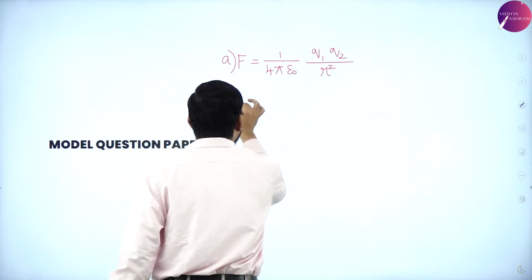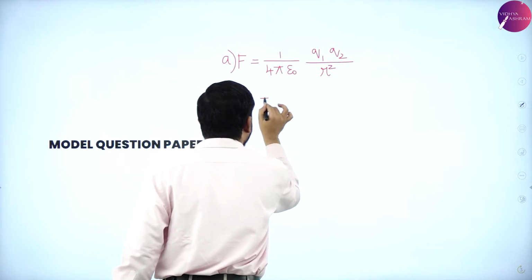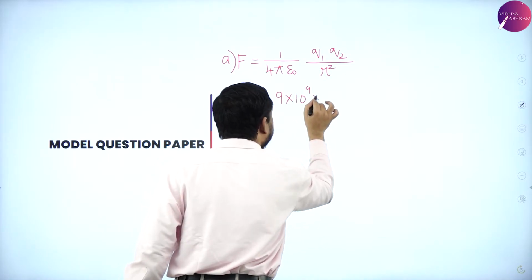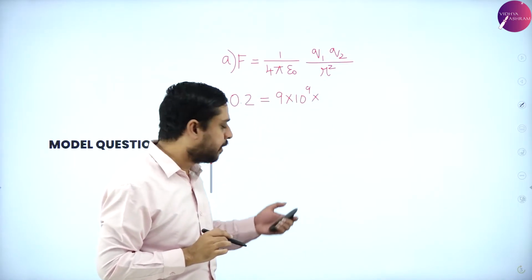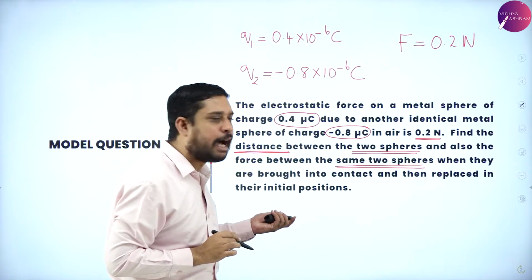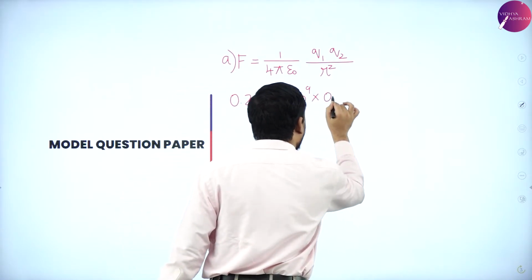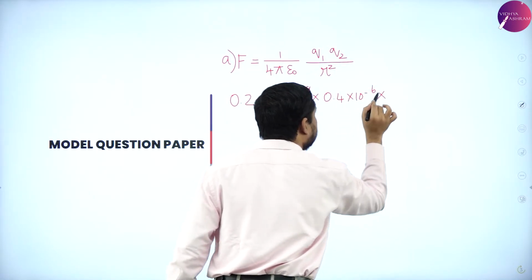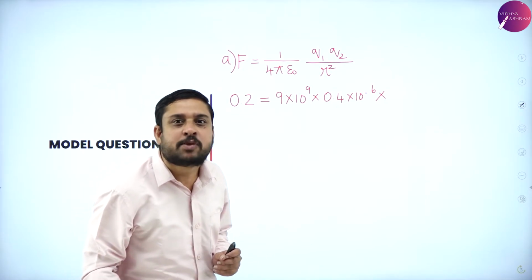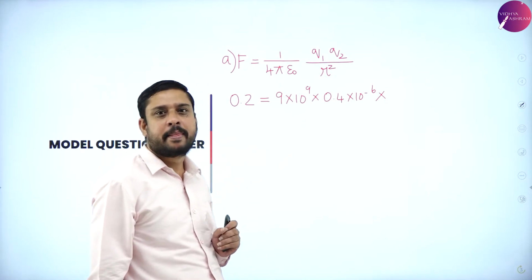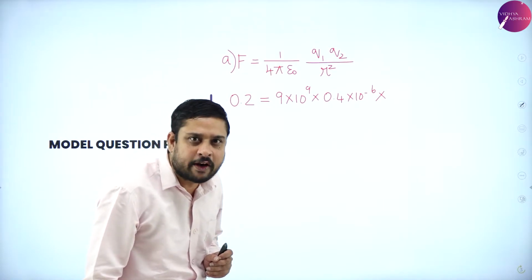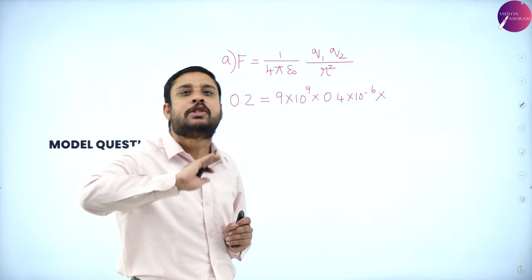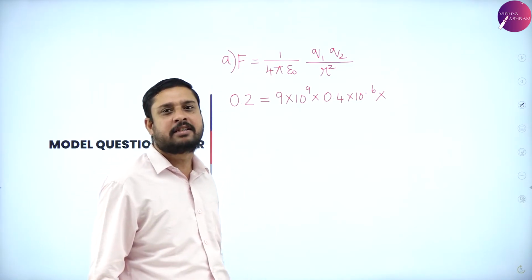So F is 0.2, 9 into 10 power 9. Q1 according to the data is 0.4 into 10 power minus 6. Q2 is minus 0.8. But as I say always, to calculate force, don't use the negative sign on the charge.